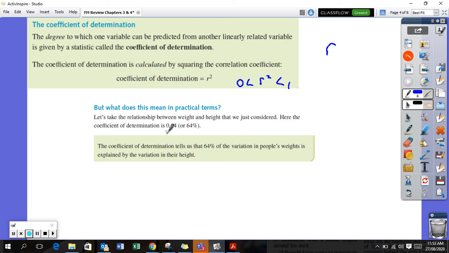Say we've got an R squared value of 0.64, that's the same as 64%. What we're going to say there is the coefficient of determination tells us that 64% of the variation in people's weights is explained by the variation in their height. That is the standard sentence.